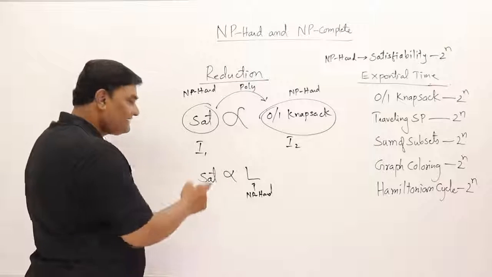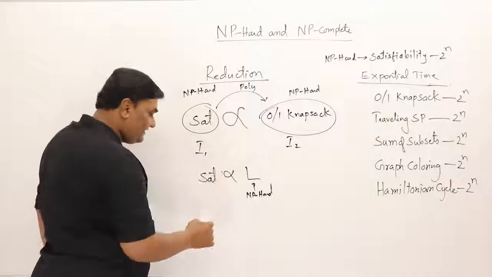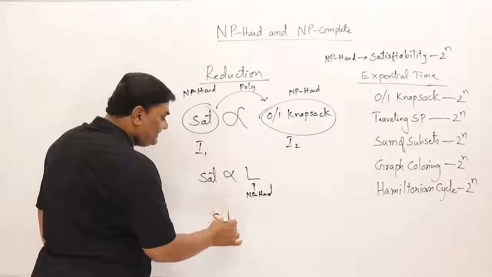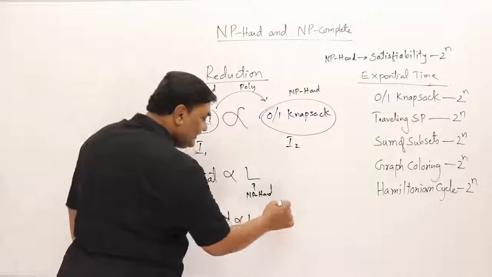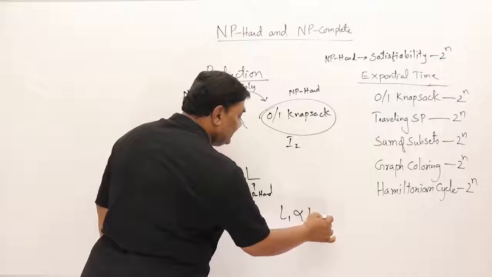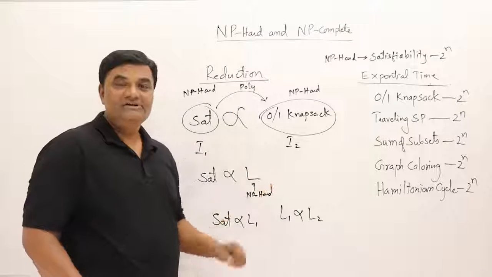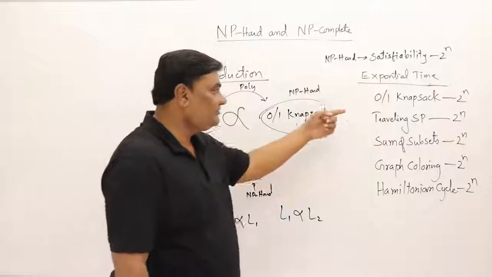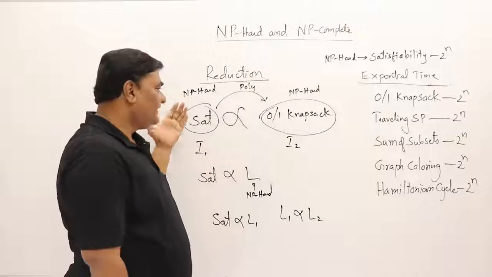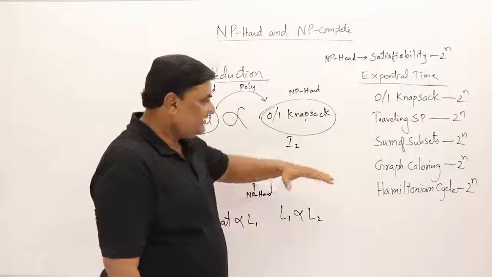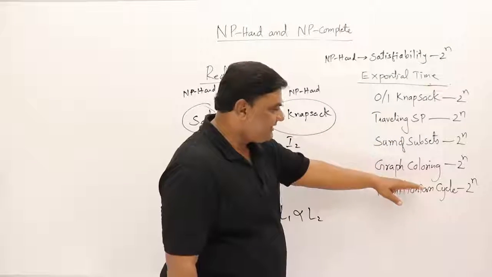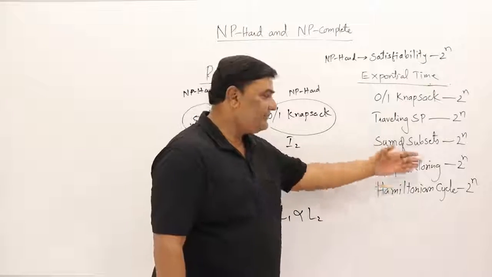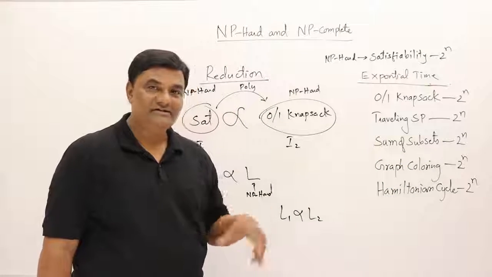And one more thing, this reduction has a transitive property. If satisfiability is reducing to L1, then L1 is also NP hard. And if L1 is reducing to L2, then L2 also becomes NP hard. Means if I have shown 0-1 knapsack is reduced from satisfiability, then I can show graph coloring reduced from 0-1, or subset sum reduced from graph coloring, or Hamiltonian reduced from graph coloring. I can show it like this.